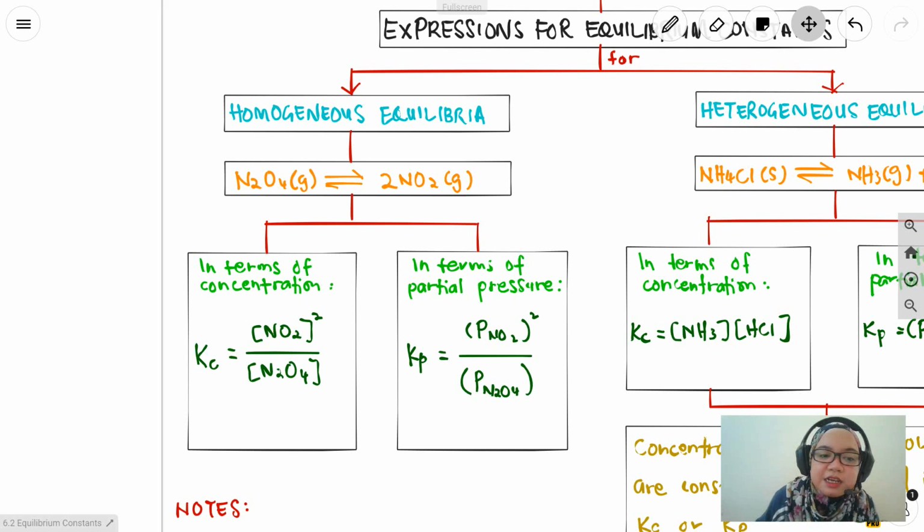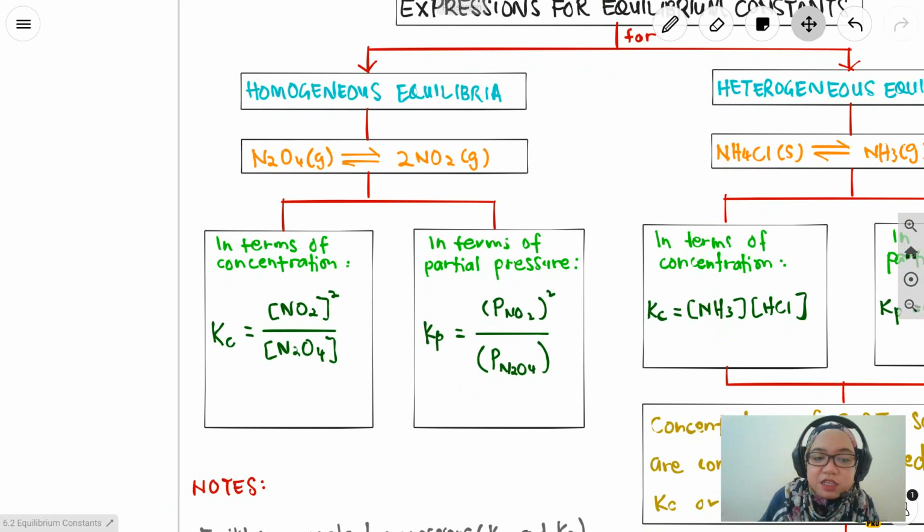Let's look at the equilibrium constant in terms of concentration. We know that Kc is the equilibrium constant in terms of concentration. We put the subscript C at the capital letter K to denote that this is the equilibrium constant K in terms of concentration. So Kc equals, product first, then reactant.